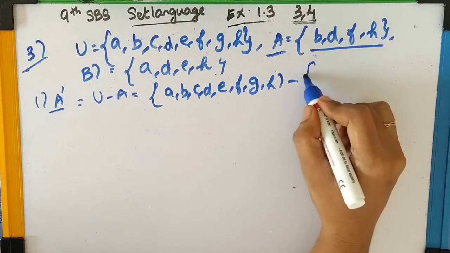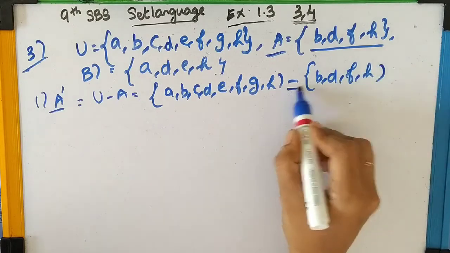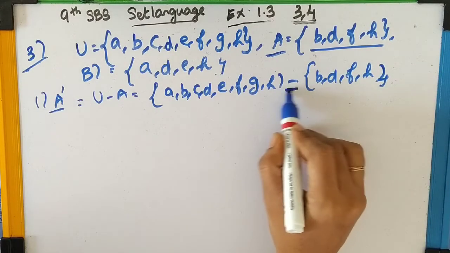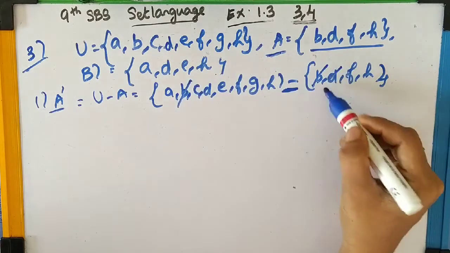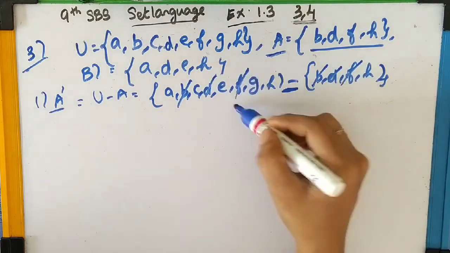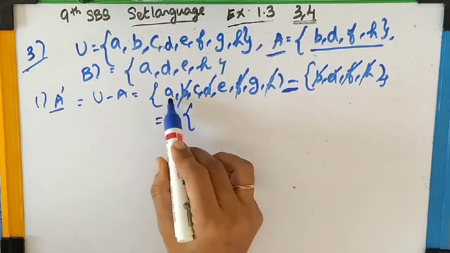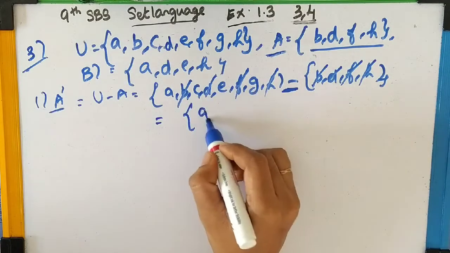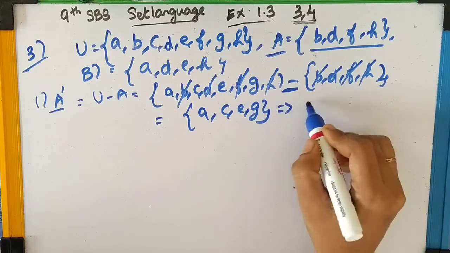What is set A? B, D, F, H. What is the meaning of difference? We have to cancel the common terms, isn't it? So cancel the common terms and write the remaining part of the first set, that is the universal set. A, C, E, G are the remaining terms. So this is A dash.